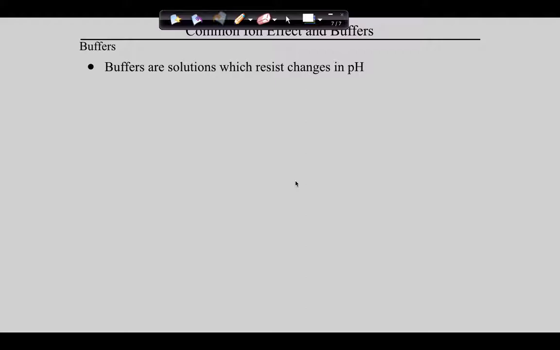So how do these things work? Well, fundamentally, they are combinations of a weak acid or base and a conjugate salt. Gosh, that sounds familiar. Sounds like the common ion effect. That's the point.